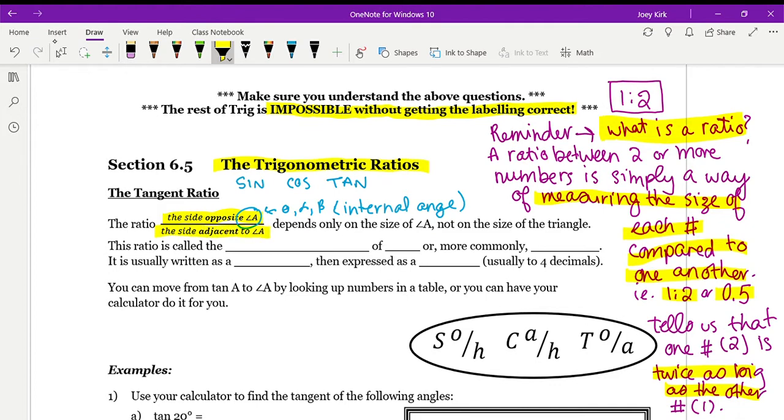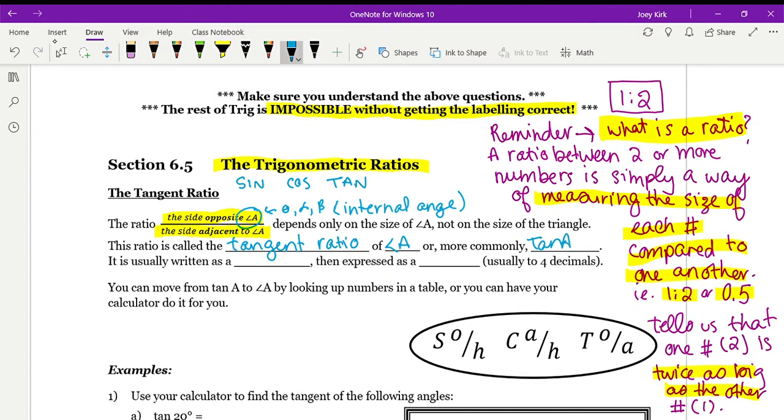And we practiced labeling opposites and adjacents in the last section, section 6.4. And it is called the tangent ratio of angle A, or sometimes more commonly we'll just say tan A or tan theta.